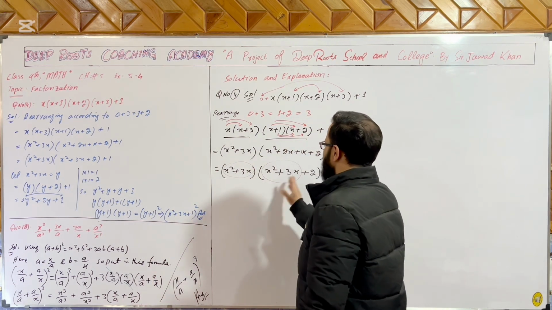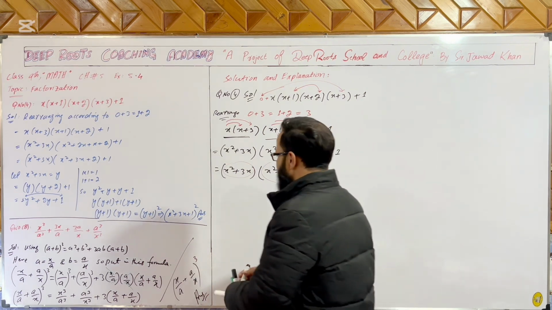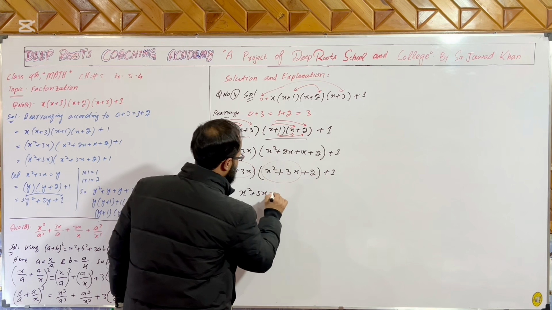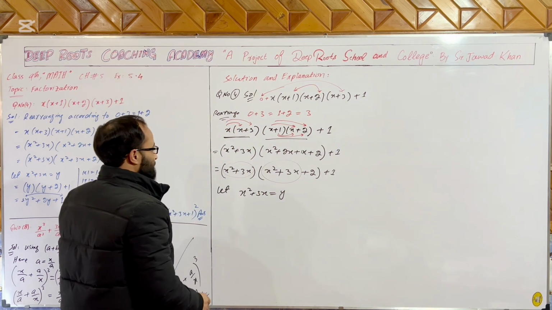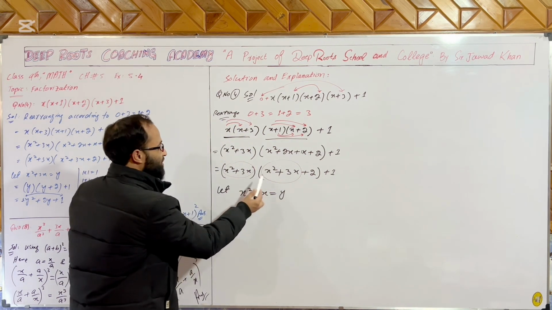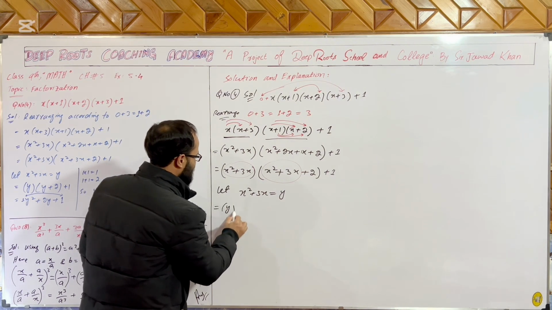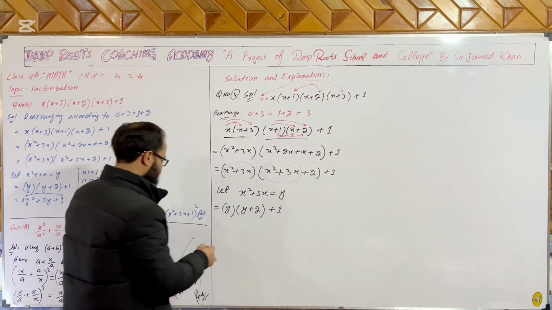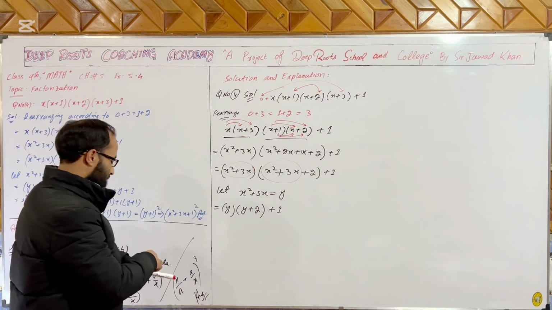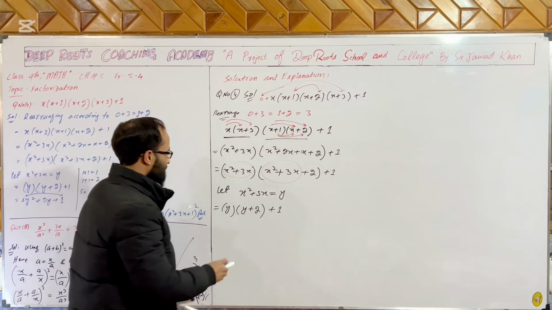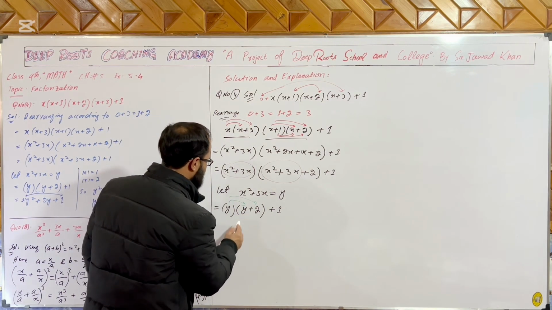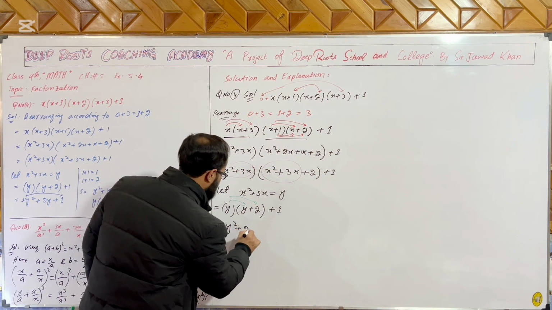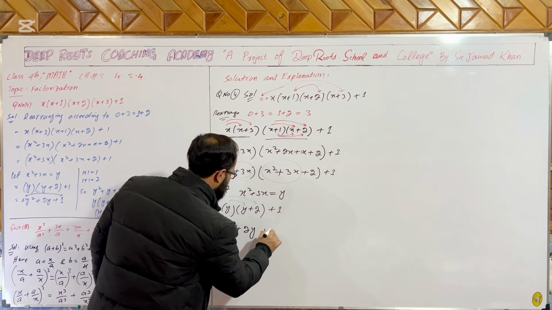These two terms are the same in both of the brackets, so I'll say let x square plus 3x equal y. Now put this y instead of these two terms, so y into y plus 2 plus 1, and now multiply this y with each term, so this will become y square plus 2y plus 1.